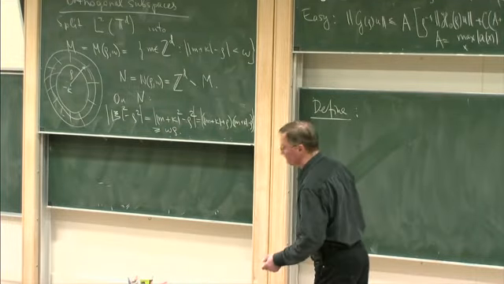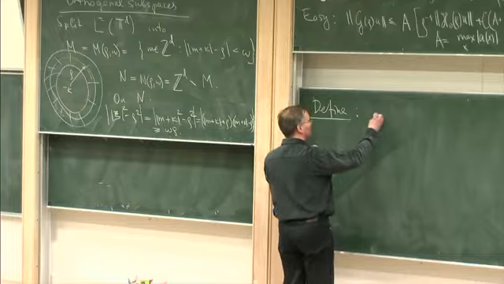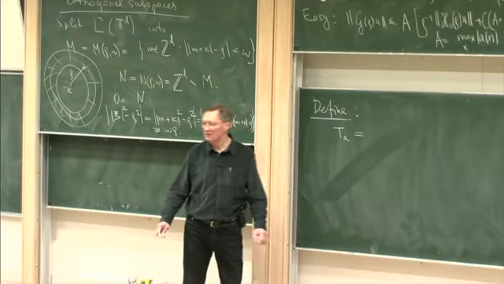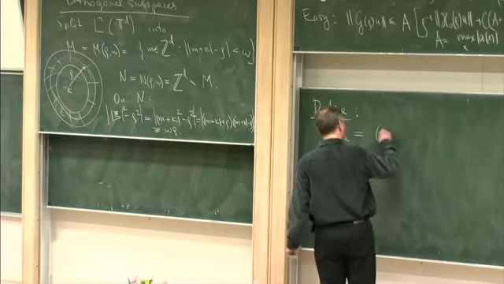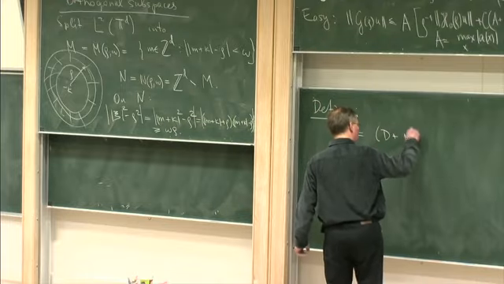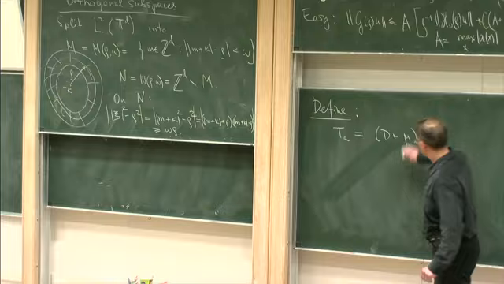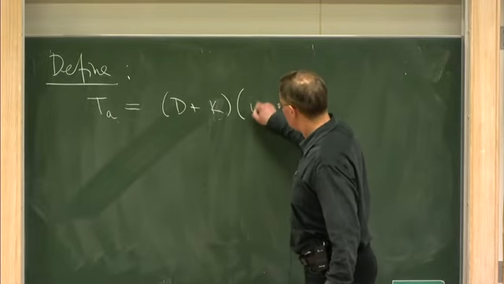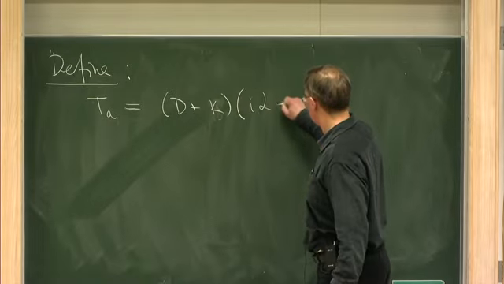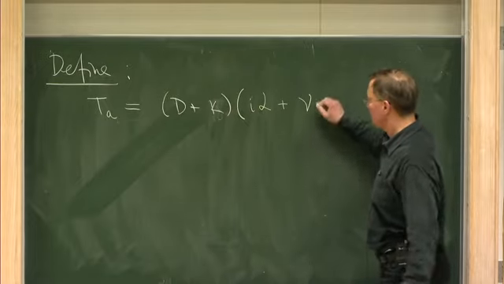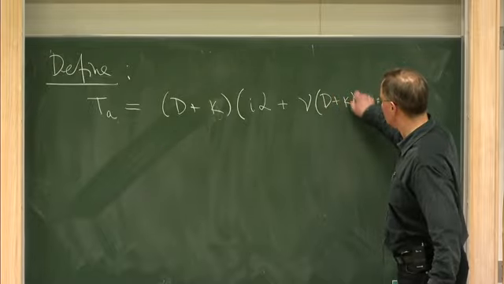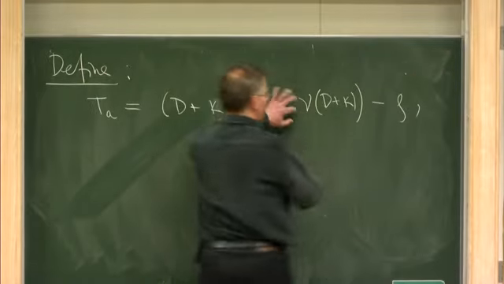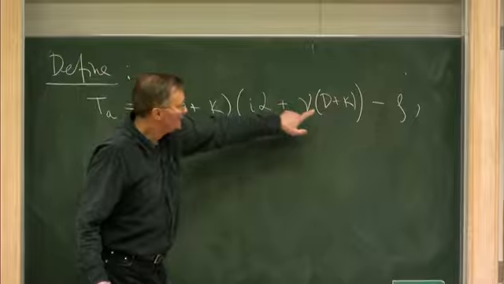Right. This is going to be an operator which I denote by T_A, depending on the magnetic potential. D plus K. And then we have here i alpha plus, and here there is something that I'm going to define in a few seconds, minus rho. This is the unit vector looking in direction D plus K.